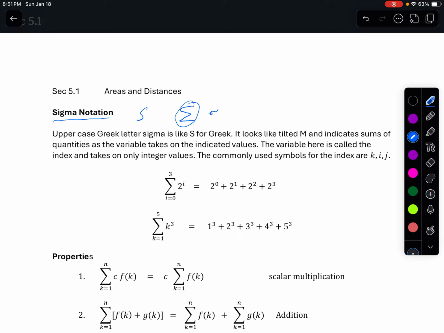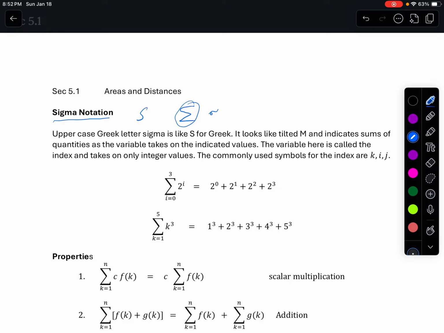So how will we know that we have to add a bunch of things? Well, there will be a variable, and as the variable takes on different values, we get new terms, and sigma tells us to keep adding them. In sigma notation, these variables are called indices.